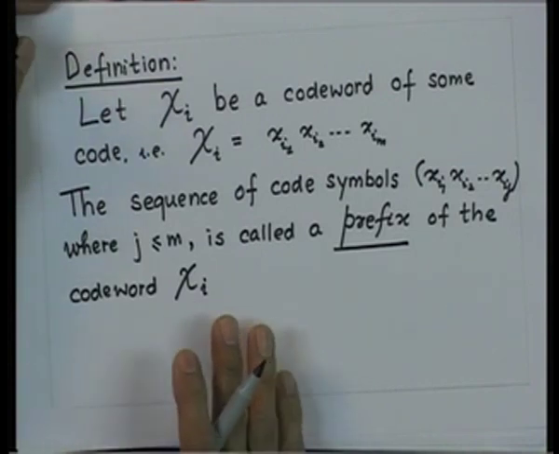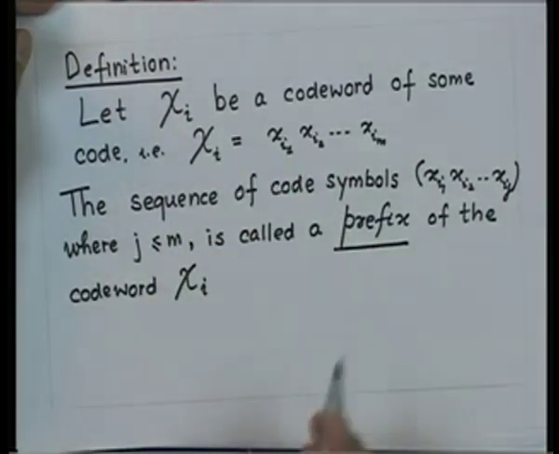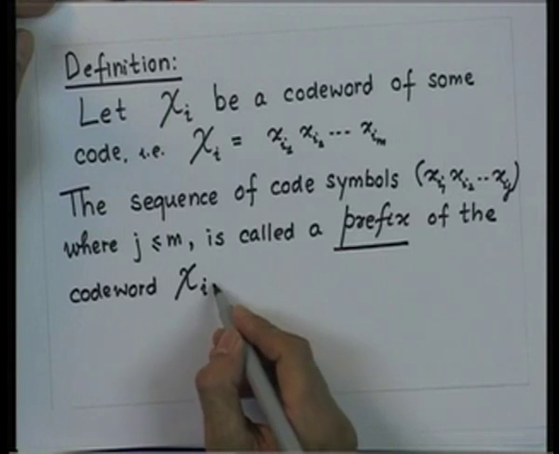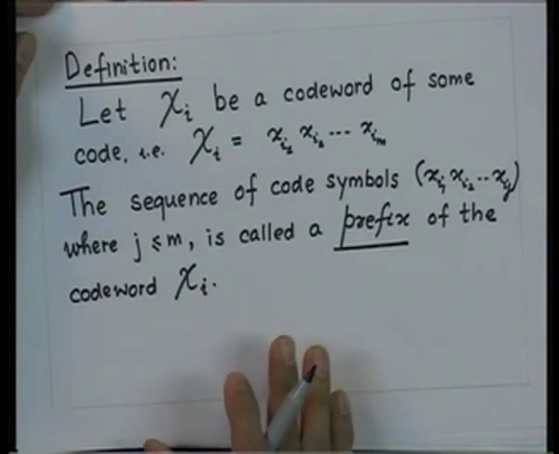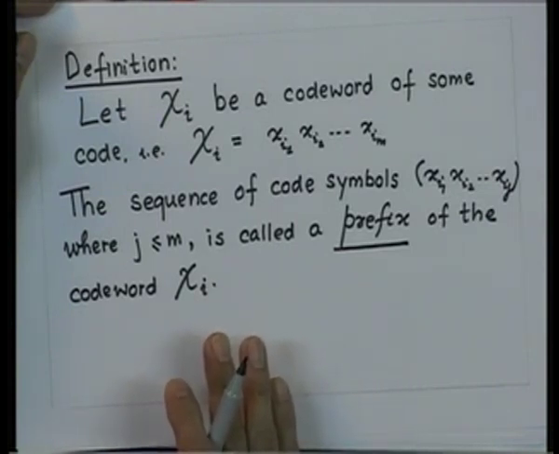Now, based on the definition of prefix of a code word xi, we define a test which will tell us whether a code is instantaneous or not.